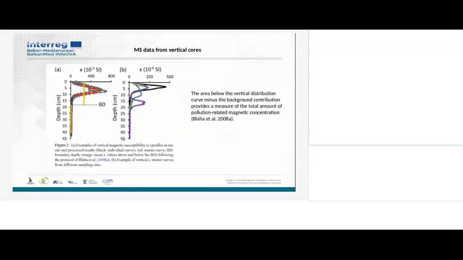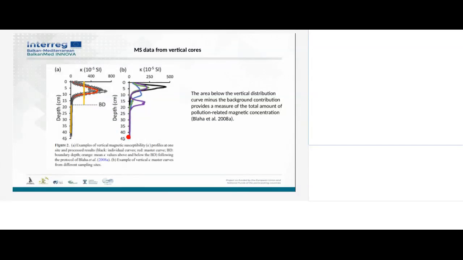Here we start with the examination of the depth variations of magnetic susceptibility, which was measured along the vertical core. We defined the background value, which is the minimum value observed along the sediment core, and the area below the vertical distribution curve, minus the background contribution, provides a measure of the total amount of pollution-related magnetic concentration.